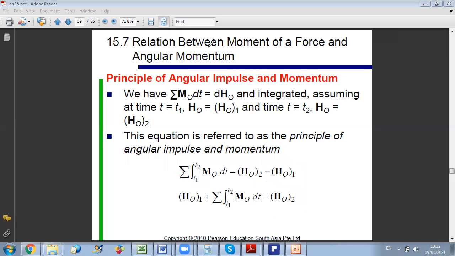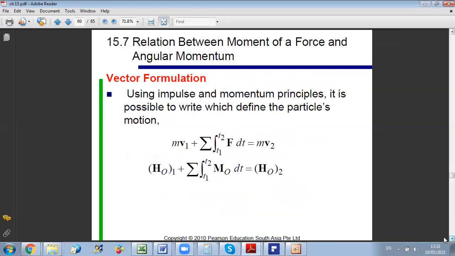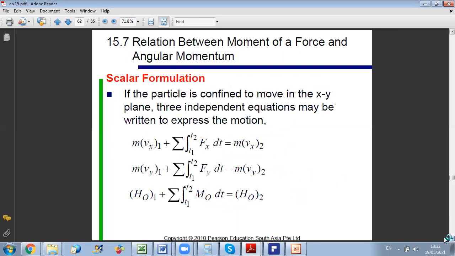So here you can see it here. So هول هن linear impulse and momentum theorem وهيدا angular impulse and momentum theorem. And in general in some problems you might need to use both. هنعمل كتير examples and you will see how.